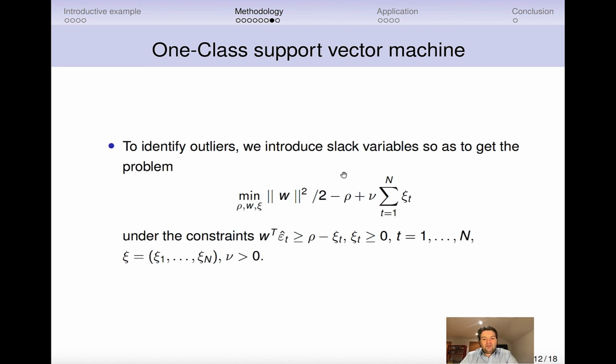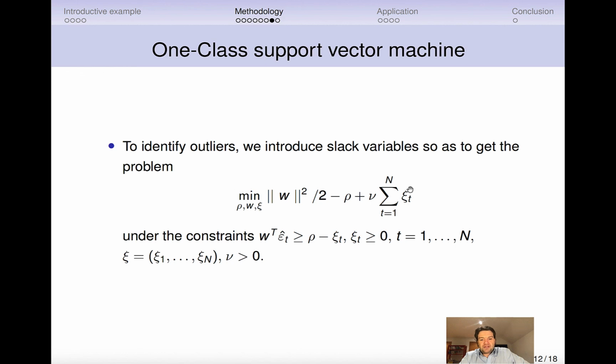We are going to introduce slack variables, and we are going to transform the constraint W transpose epsilon larger than rho into W transpose epsilon larger than rho minus rho t, where rho t is a slack variable. We are going to make this rho t as small as possible by putting it in the objective function as well with this new parameter here.